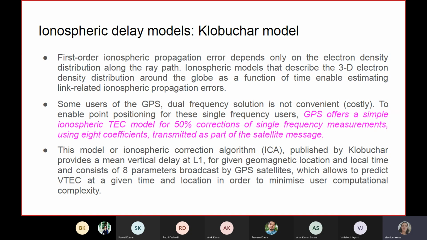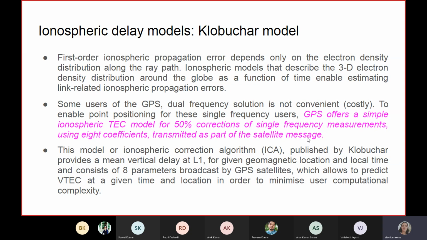First order ionospheric propagation error depends only on the electron density distributed along the ray path. Ionospheric models that describe the 3D electron density distribution around the globe as a function of time enable estimating the length-related ionospheric propagation errors. For many users of GPS, a dual frequency solution is not convenient because it is costly.